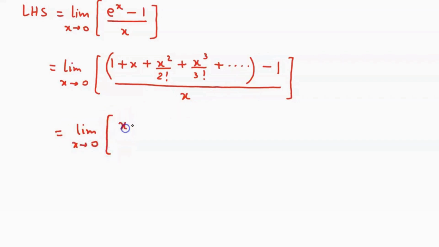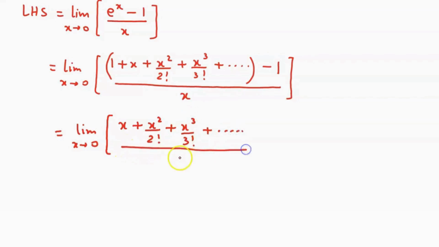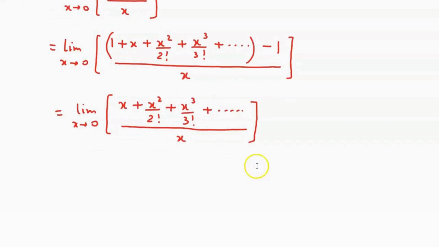Terms left are x plus x square upon 2 factorial plus x cube by 3 factorial and so on, divided by x.